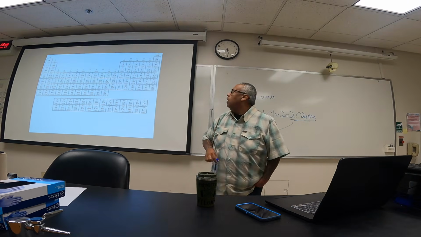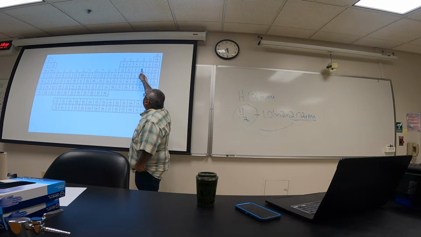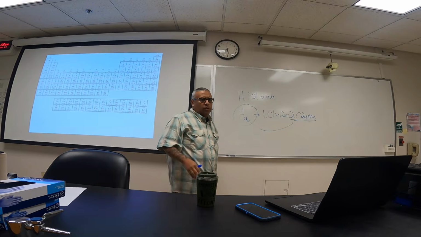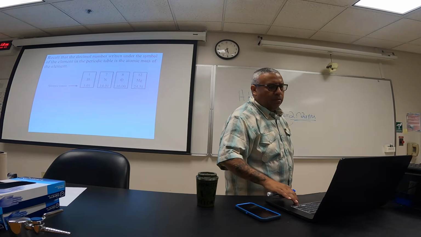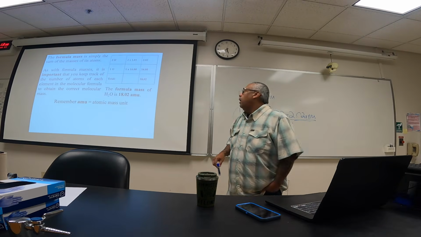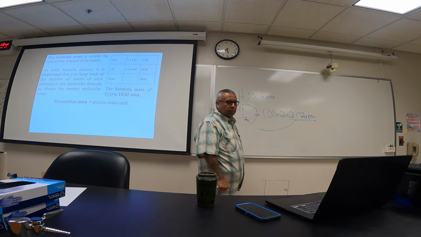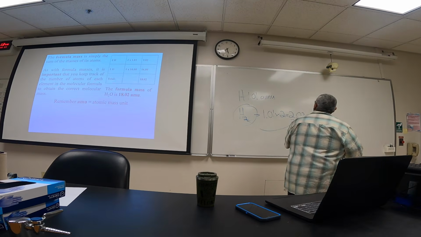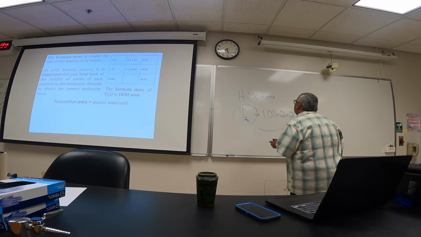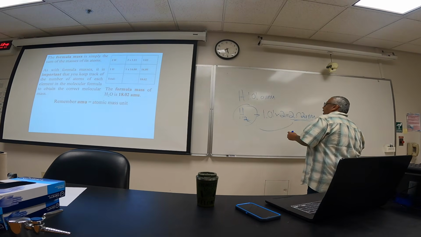If we go to oxygen, there it is, 16.00. So that's where we're getting that value from. And then we just simply add all those up, and we come out to 18.02 as the formula mass. Formula mass.